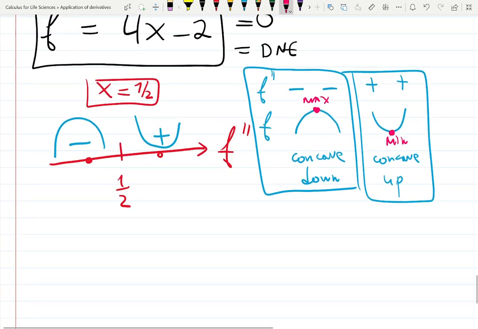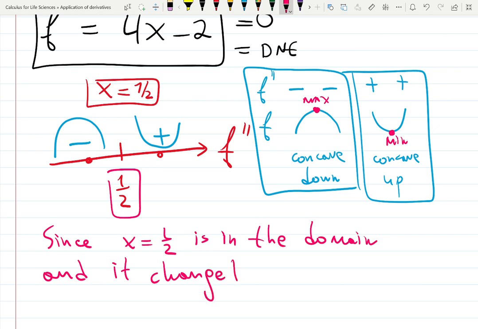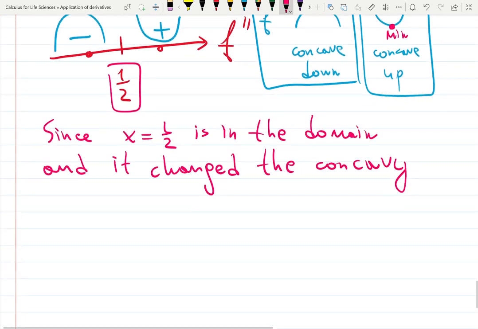So, if 1/2 is in the domain, and it is, since x equals 1/2 is in the domain, and it changed the concavity, so it changes the sign of the second derivative.